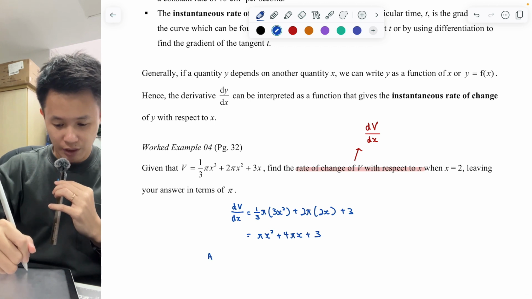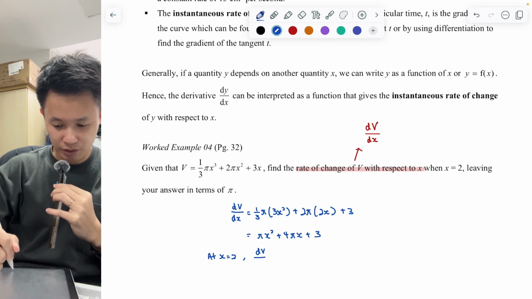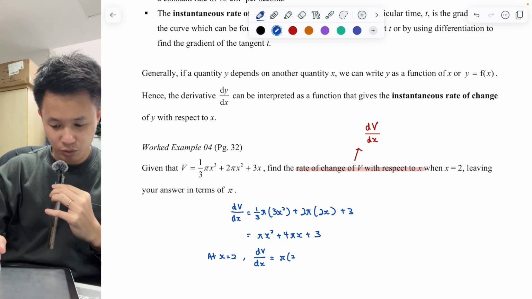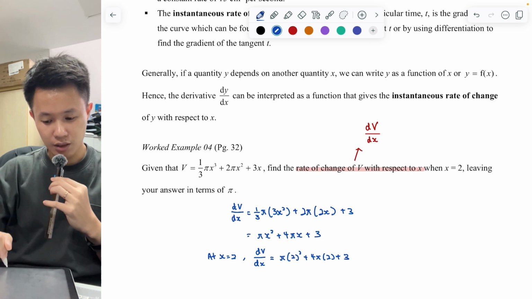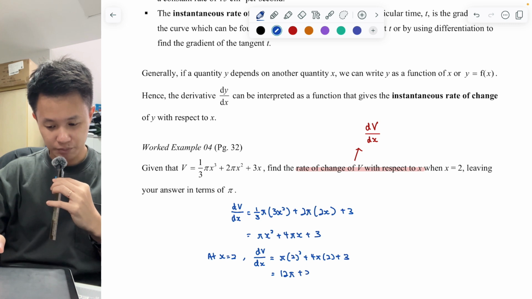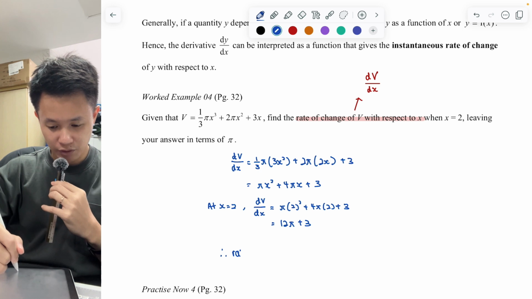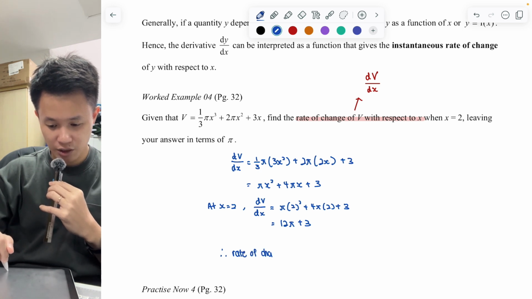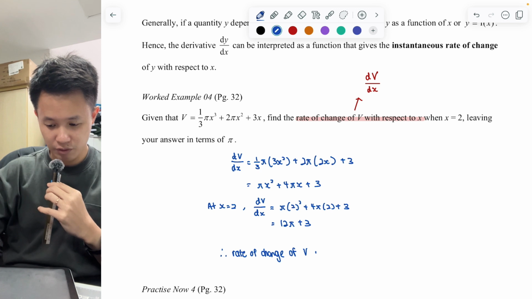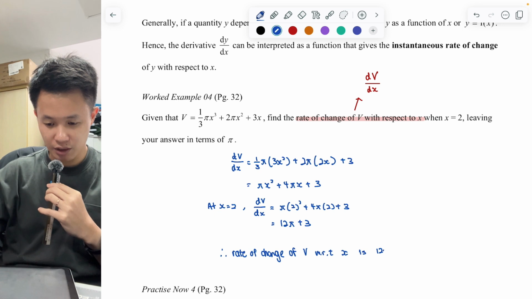Now, at x equals 2, dV over dx will simply be pi times 2 squared plus 4 pi times 2 plus 3. You just need to simplify them, and then you will get 12 pi plus 3. Pretty straightforward, right? So therefore, the rate of change of V with respect to x is 12 pi plus 3.